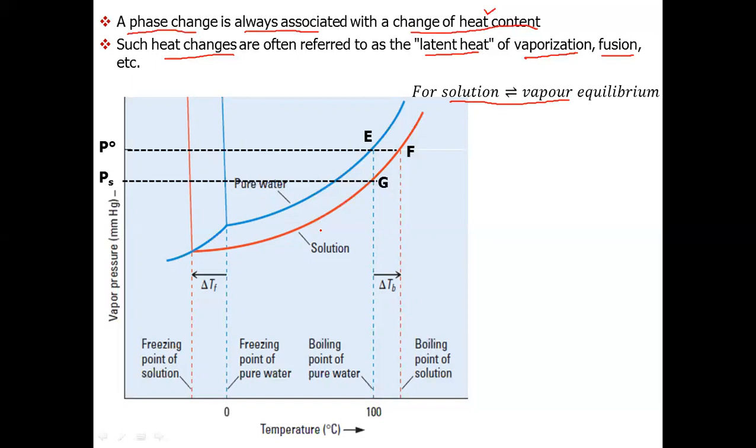Below this curve, it will exist as liquid. At this curve, it exists as both liquid as well as vapor, so we call it liquid-vapor equilibrium. For the solution, the solution curve is the red one.